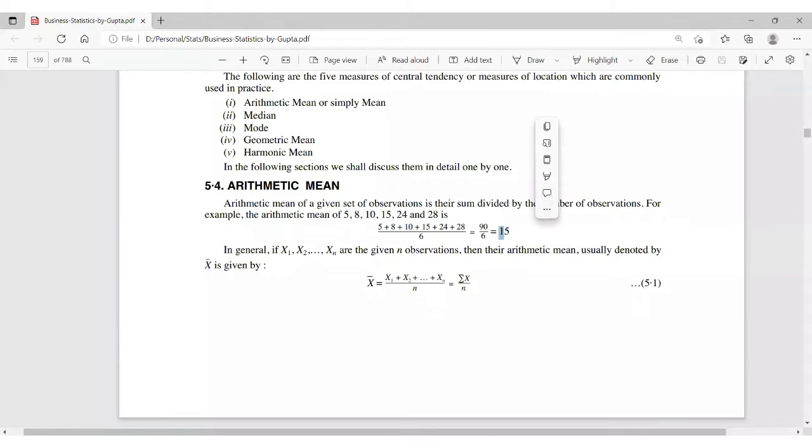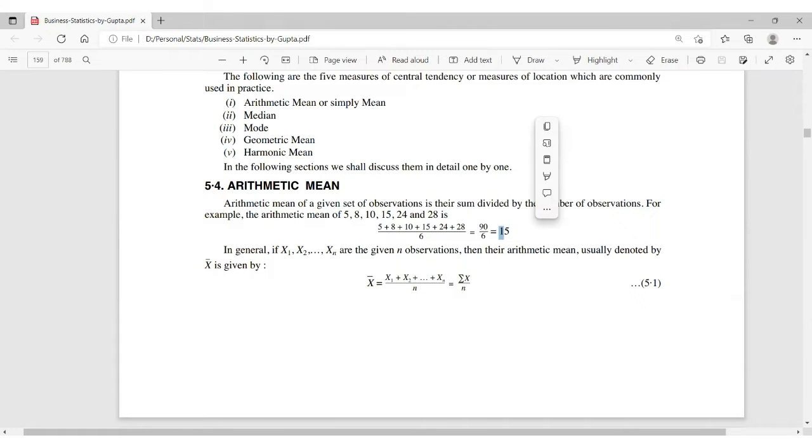The arithmetic mean is 15. That means this number lies in the middle of this series, somewhere between 5 and 28.